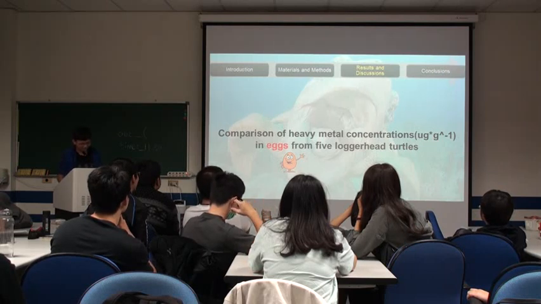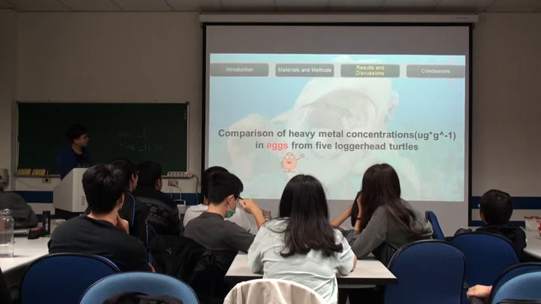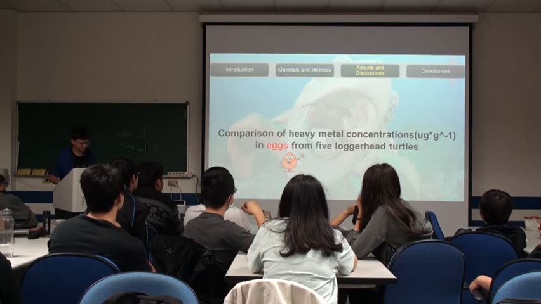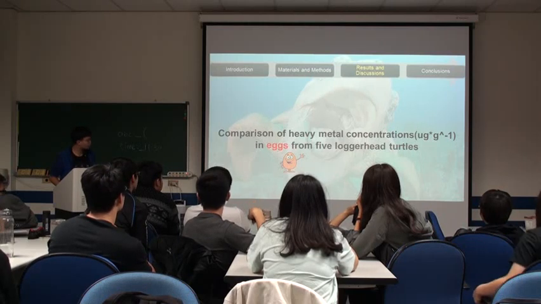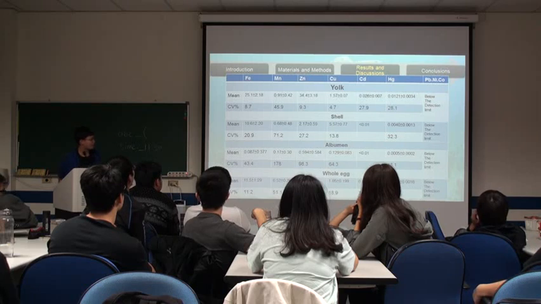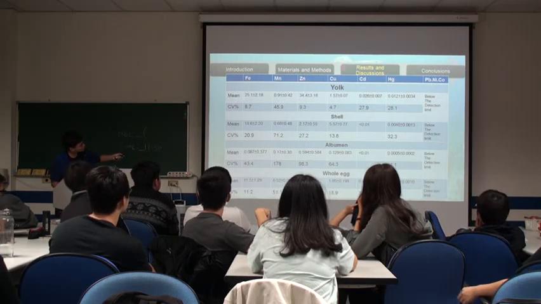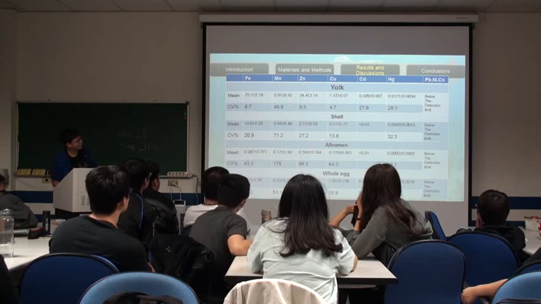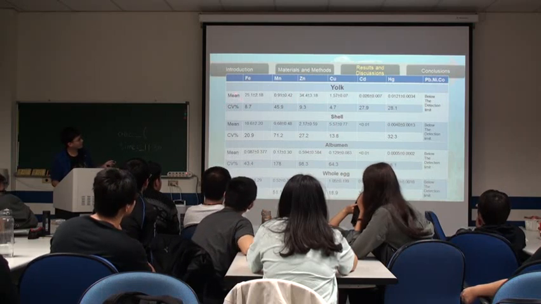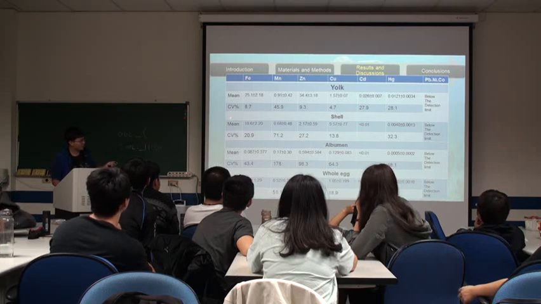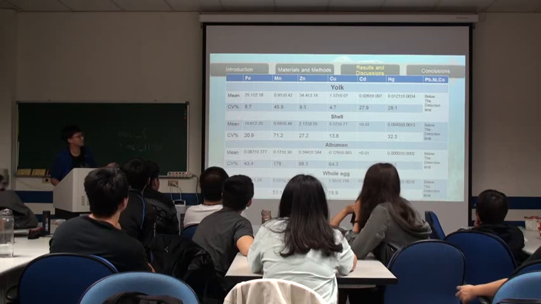Okay, and next is the comparison of heavy metal concentration in eggs. In this table, we separate eggs into yolk, shell, and albumen, and there are their means and their coefficient of variation.